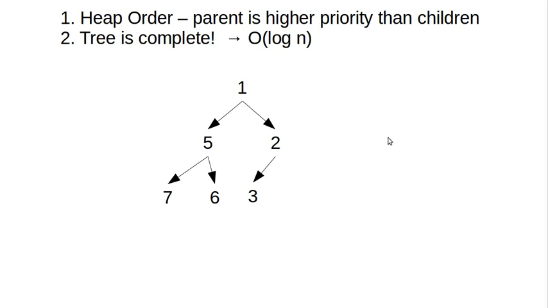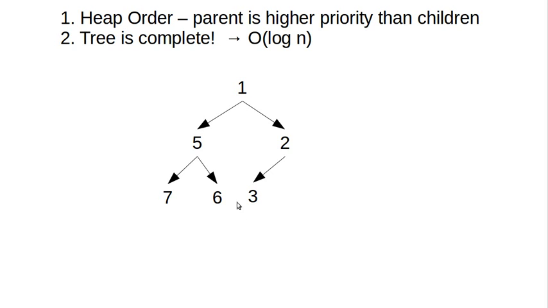Okay, so here we have an example of a binary heap. I want to move stuff around a little bit. And what I want to do now is talk about the operations of adding and removing elements from this binary heap. So if I'm going to add a new element to this binary heap, where does the new element go?